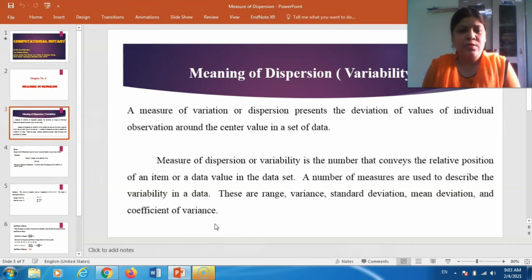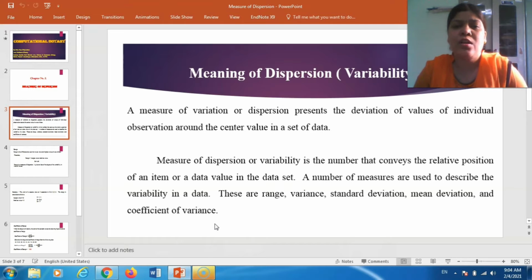As we have seen in central tendency, we have to find out the central value in the observations, so that single value is the representative of all the observations. Likewise here we have to find out the dispersion of a particular set of data.